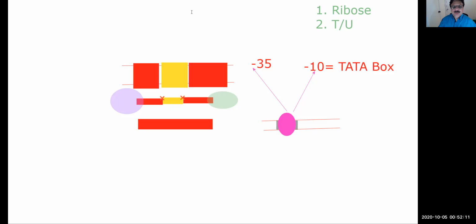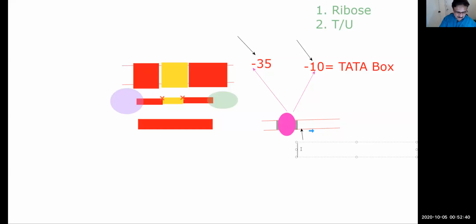Now the question I'm asking here is, what is the minus sign over here? There's a particular base in the DNA which is very proximal to the promoter, which is the starting point for transcription.